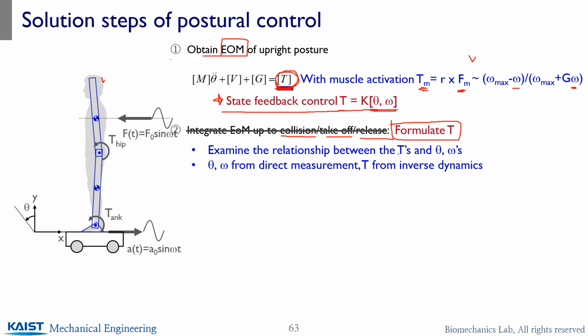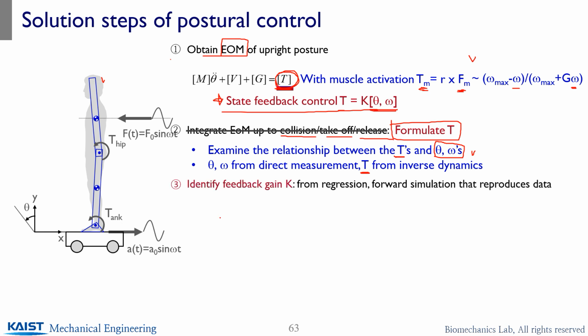Like what would be the joint torque? Is it going to be a full kinematic feedback, or a reduced order state feedback? Those are the things you have to set at the very beginning. And also to calculate the joint torques, you should do the inverse dynamics.